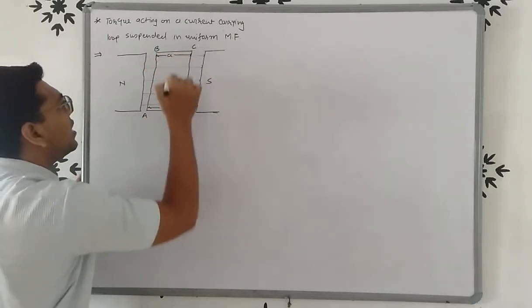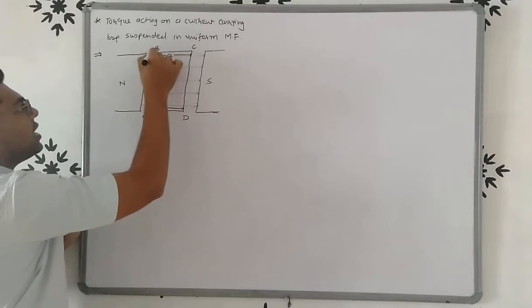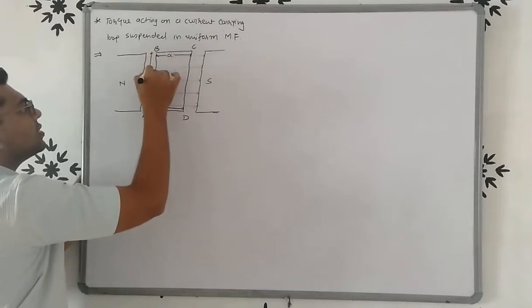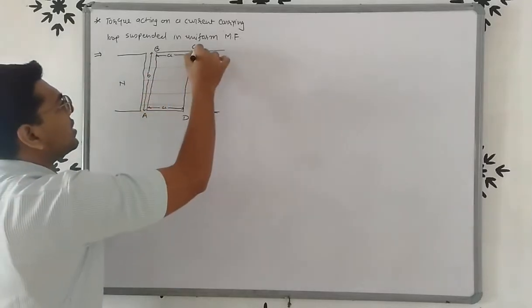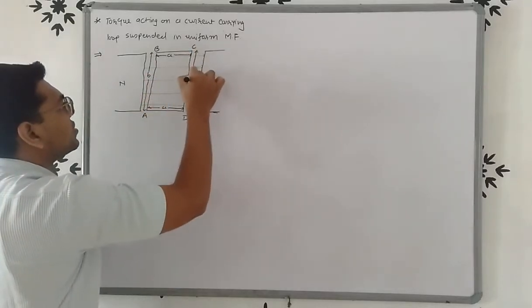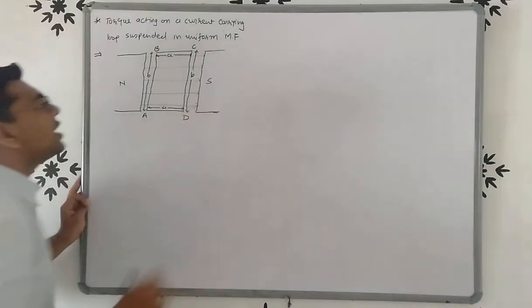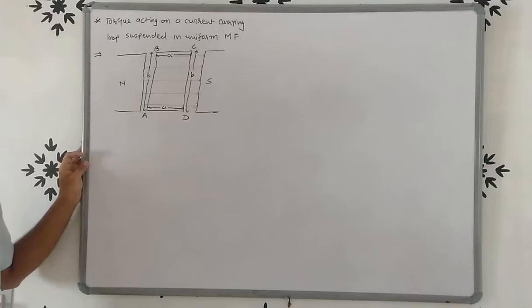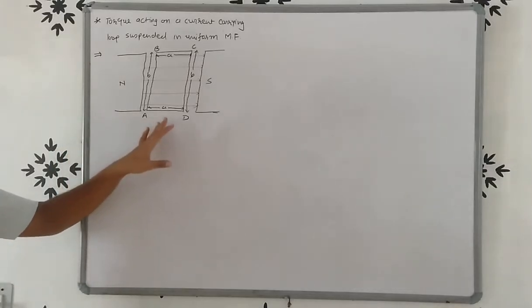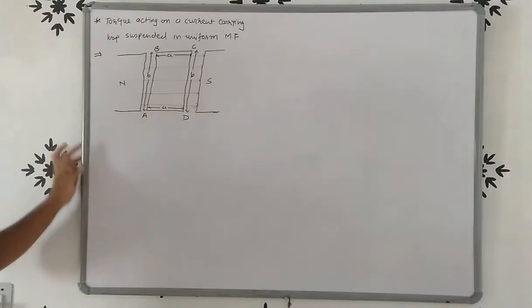And the length of AB is small b, so CD will also be small b. So as shown in the figure, a rectangular current carrying loop is placed in the magnetic field.